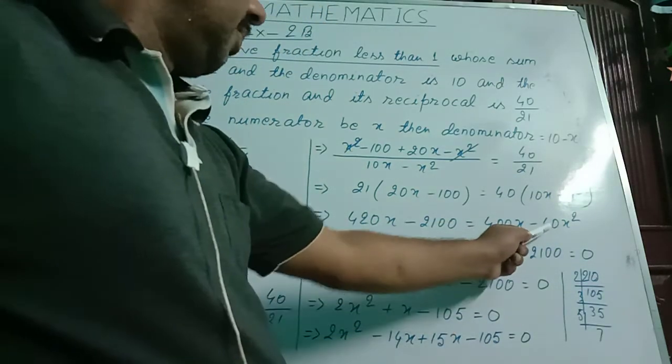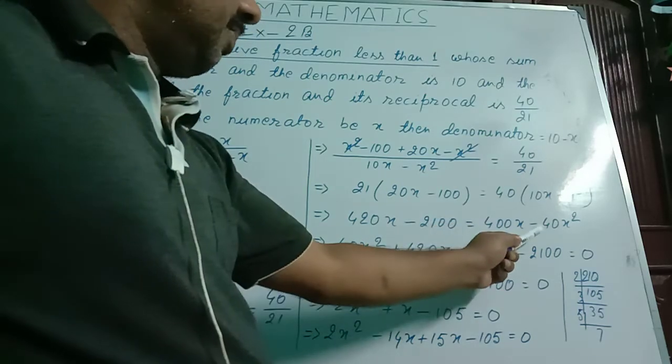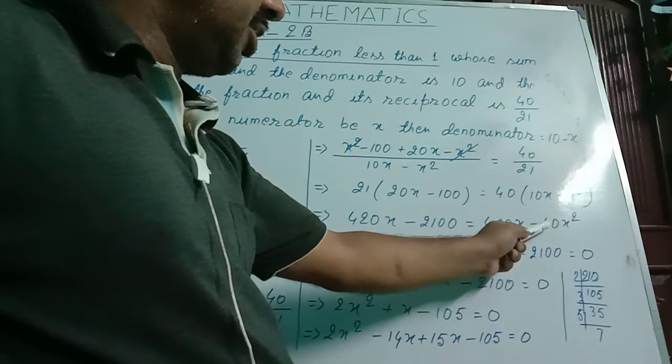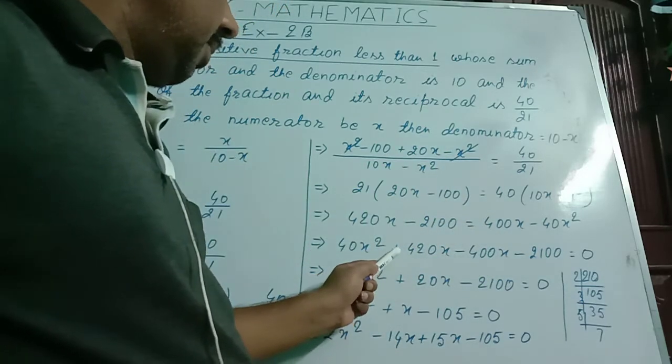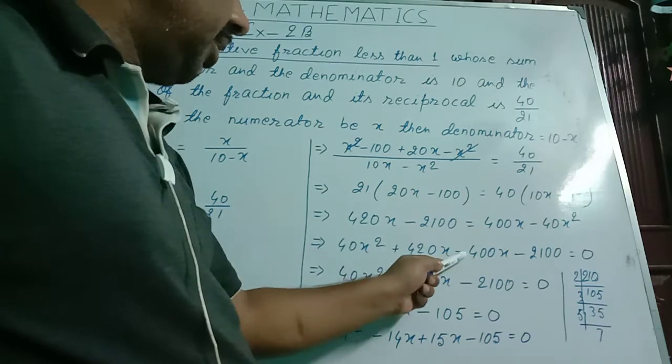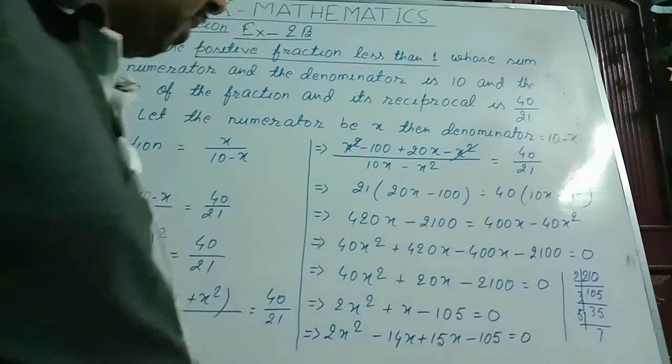Now this 40x square, I have followed transposition, changing the side. Minus 40x square came this side, becoming 40x square plus 420x minus 400x minus 2100 equal to 0.